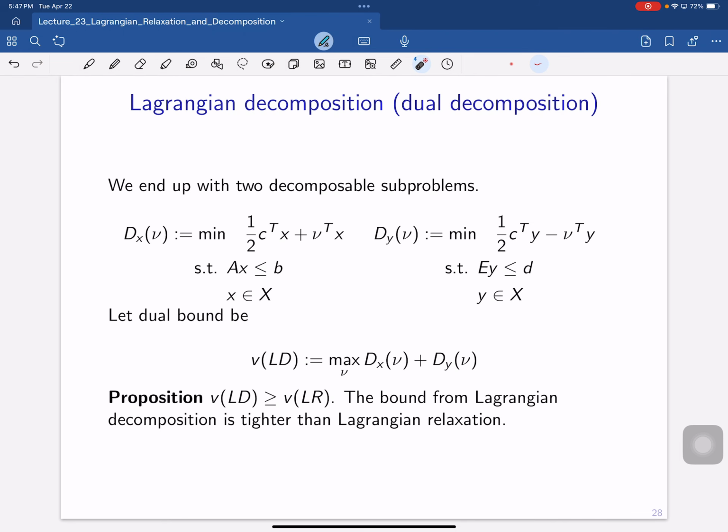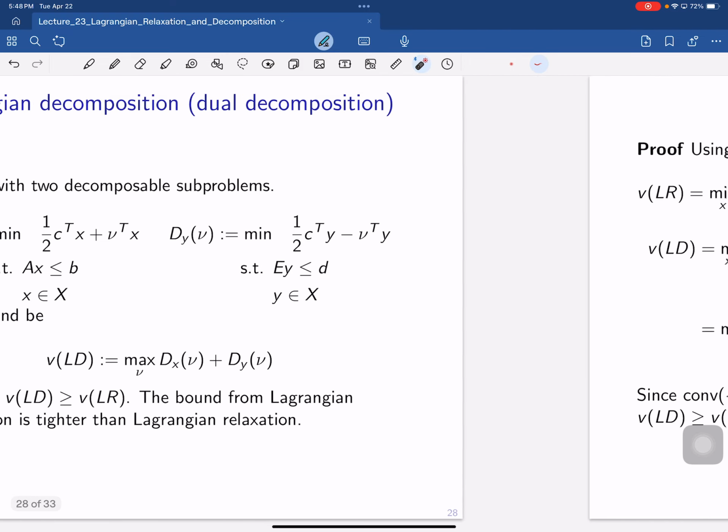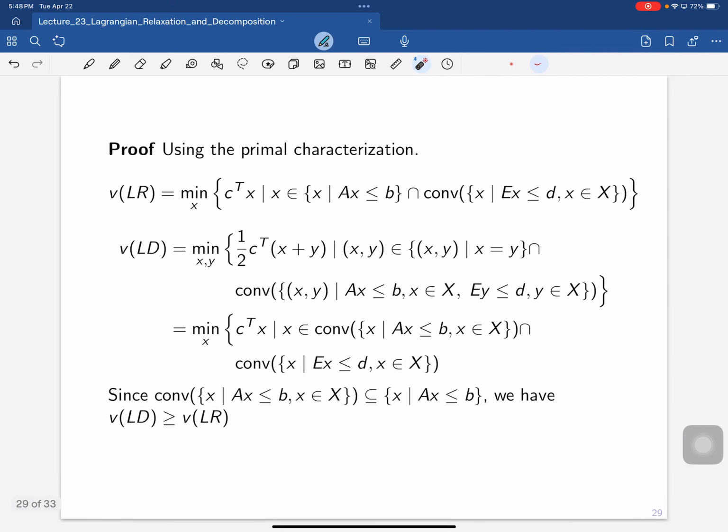So how do we prove this proposition? Any thoughts? This is nothing but a reformulation, and then you dualize x equals y instead. So a proof here is you could use the primal characterization we developed before.